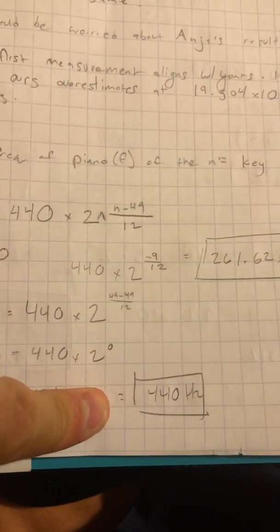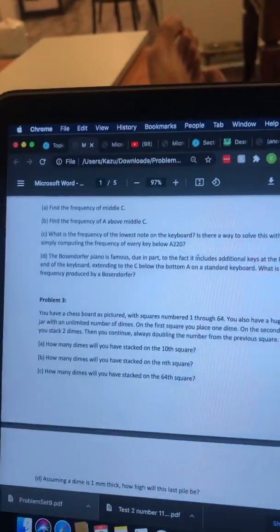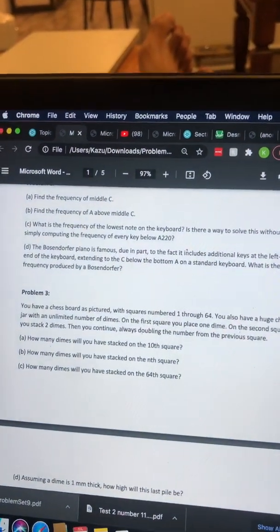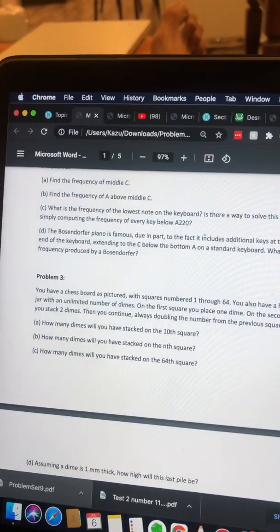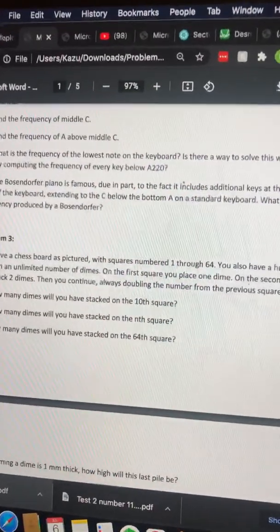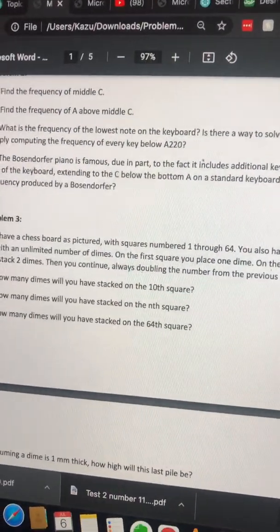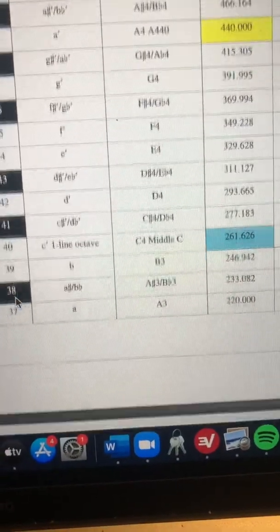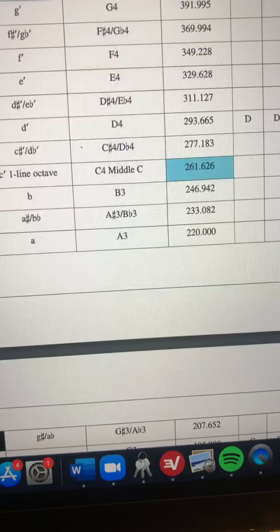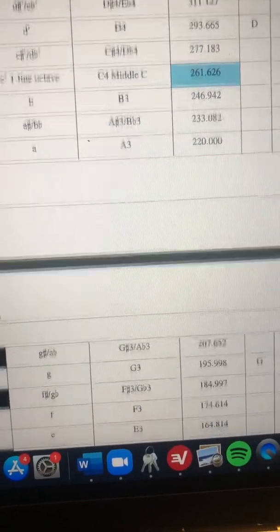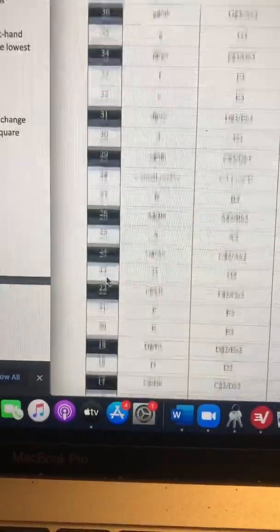Cool. The next part of the question asks, what is the frequency of the lowest note on the keyboard? And is there a way to solve this without simply computing the frequency of every key below 220? I don't really know what that question is asking, other than understanding that if you subtract 13 point something every time, you're eventually going to get to the lowest key.